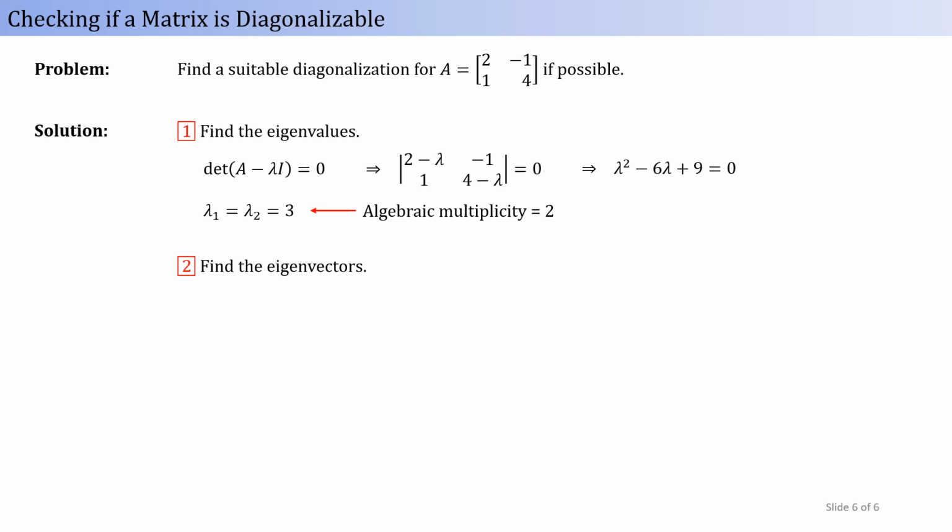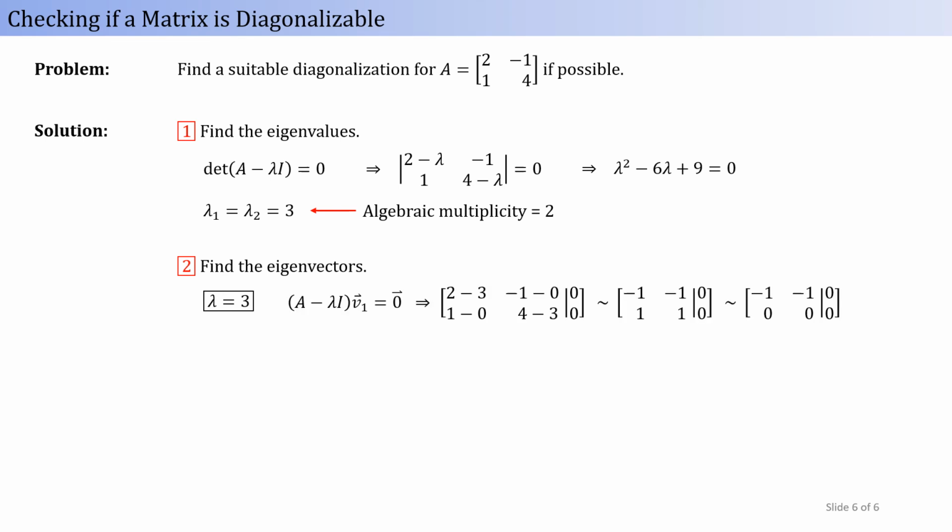Now we need to find the eigenvectors. So we start with the eigenvalue 3. And remember there was this equation: A minus lambda I times the eigenvector equals 0. So we work it out, we row reduce, we get our row of zeros like we expect.